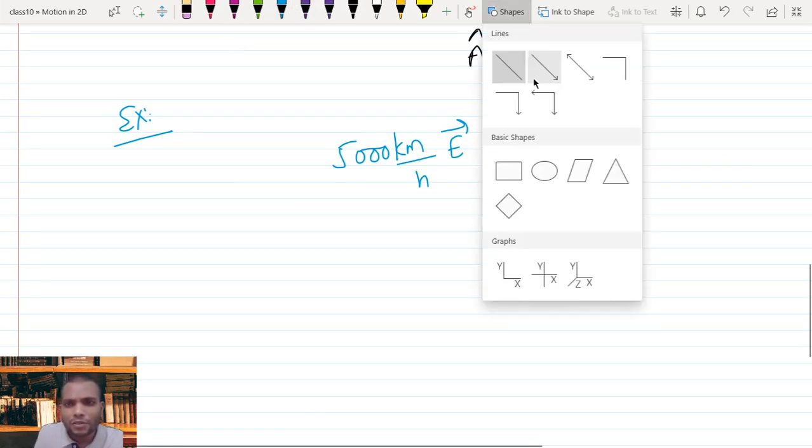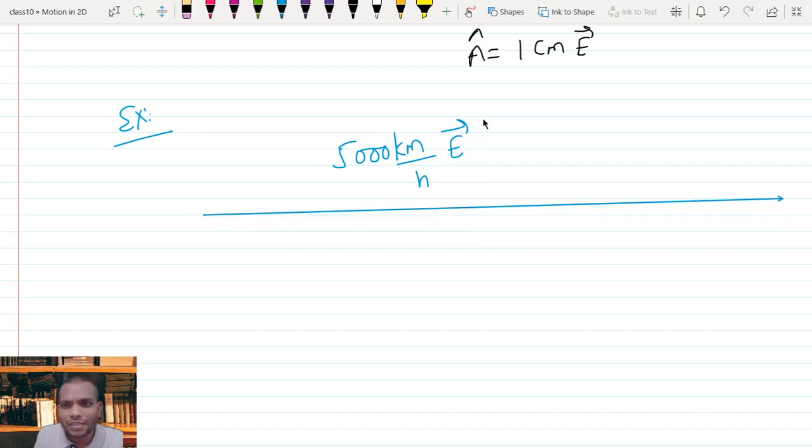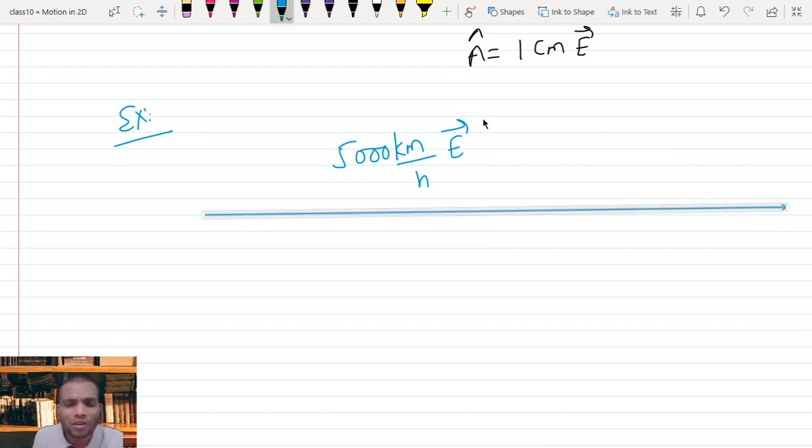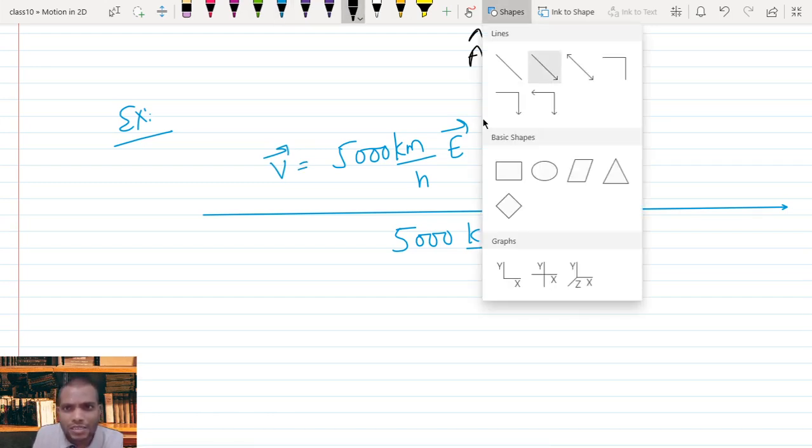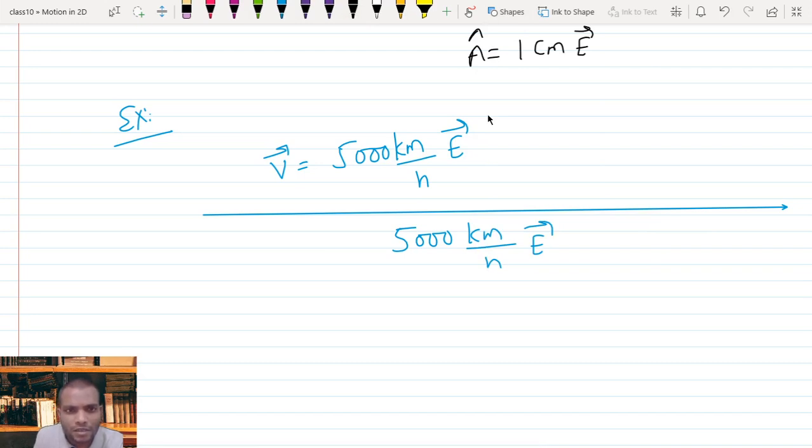To represent that much length is very difficult, since we need to represent 5000 as the long magnitude of the vector. Instead of representing this much length, it is easy to represent the unit vector. I have to draw only 1 kilometer per hour, which is this much smaller. This is the unit vector of V.